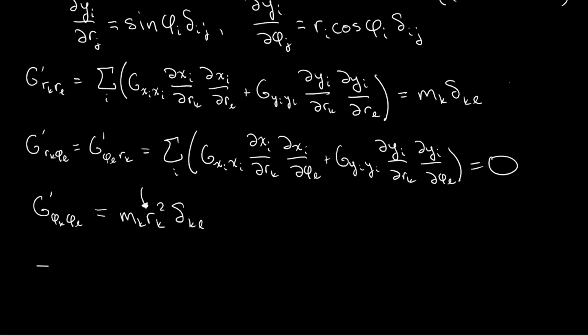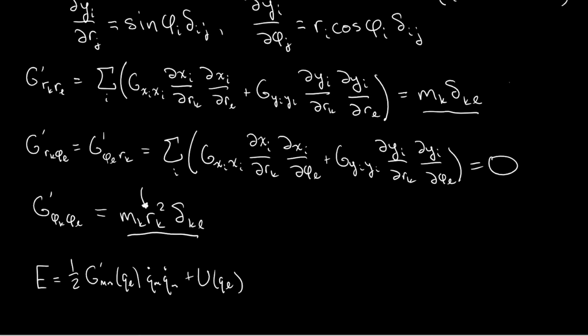Okay, so all that said, I know that I can write my energy as G prime_mn of my q's, q dot_m, q dot_n, plus U. And so now I just plug this stuff in. You can see that it's only going to be non-zero when my q dots are the same, because everything is always proportional to my Kronecker delta.